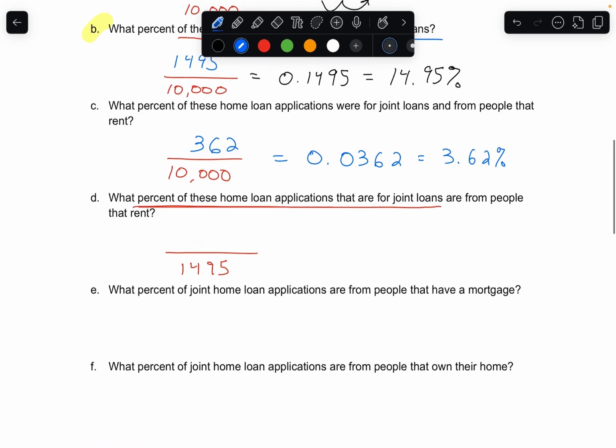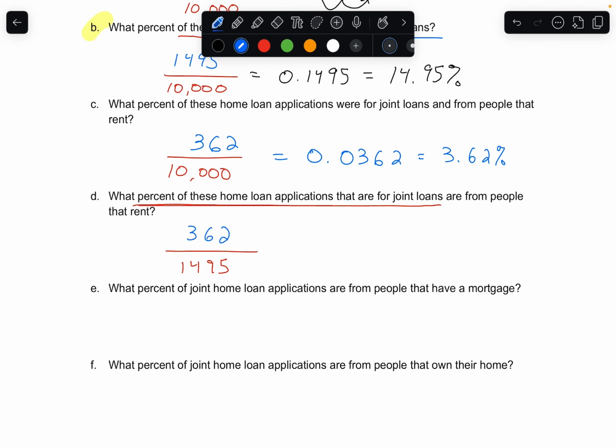So in this case, I would take 362 and divide it by 1,495. So the numerator is the same, but the group that I'm choosing from is a little bit different. So I'm going to take 362 out of 1,495. Let's round the decimal version to 4 places.